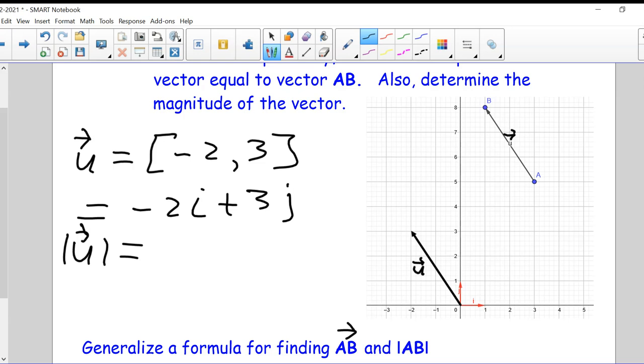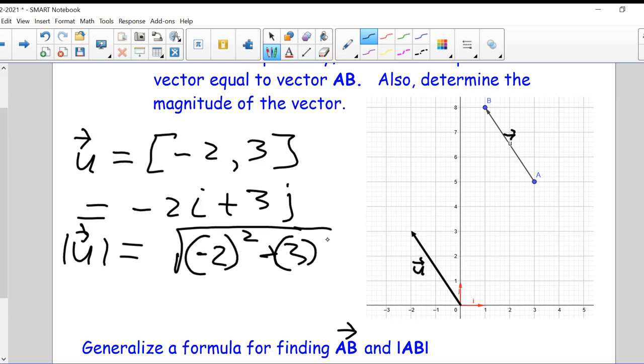So it'd be minus 2 squared plus 3 squared. But of course, it's the square root of that, correct? So it's the square root of the minus 2 squared plus the 3 squared. And the truth is, we don't really have to put minus 2, because we're really looking at a distance, and that distance is never negative. Plus, when you square it, it's going to become positive anyway.